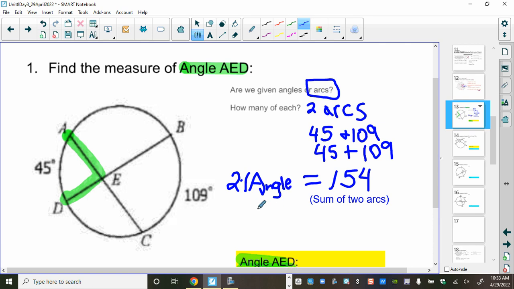Two times the angle AED. So, what can we do to find angle AED? So it's 2 times angle AED is going to give us 154.